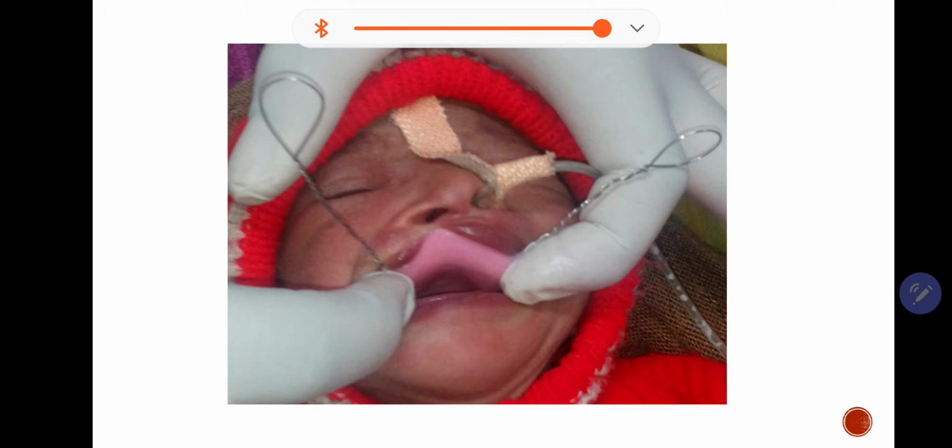The second picture represents the final stage of the passive obturator placed into the infant's mouth. Once it is placed, you can see complete closure of the cleft, and 2 projections from the obturator are bent down onto the cheek and attached with the help of a plaster. This helps in the feeding and suckling habit of the individual.